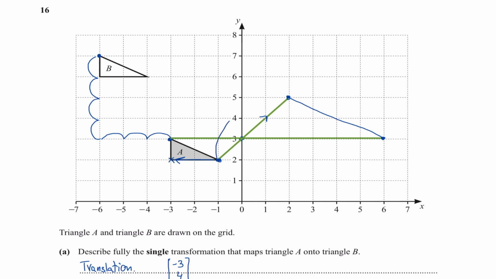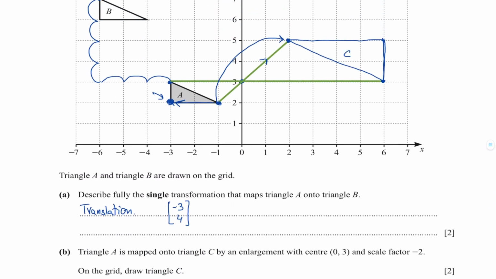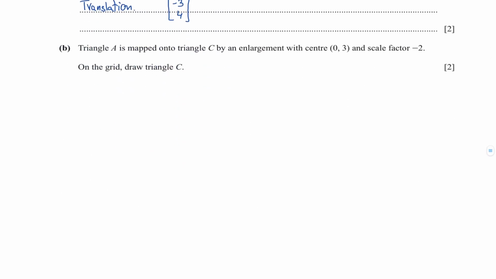So that means the image of this point is here. Now the image of this point is going to be 4 units towards the right. So 1, 2, 3 and 4. Now why has the direction changed? The direction has changed because our scale factor was negative. So this triangle is triangle C. So I'm going to call it triangle C.